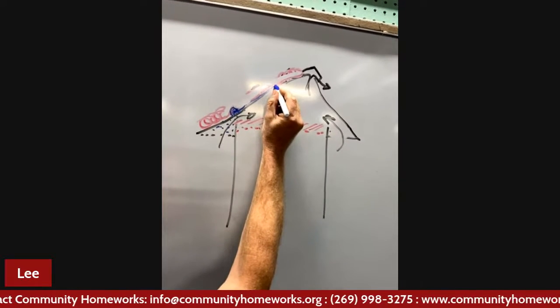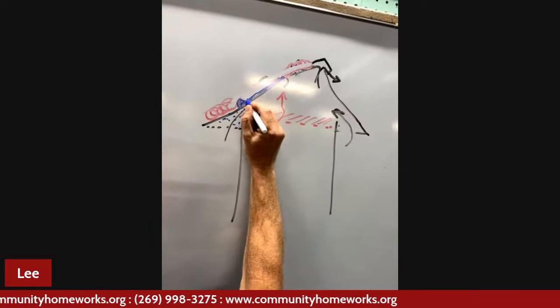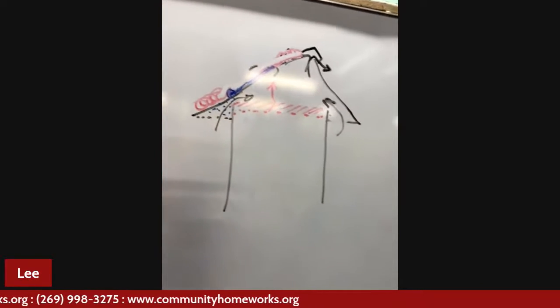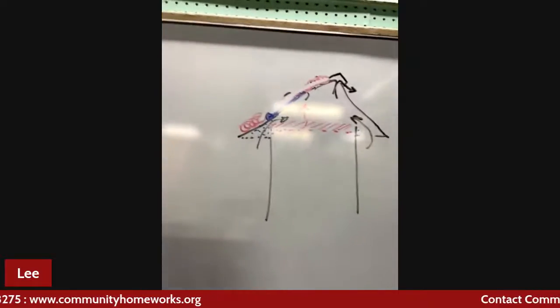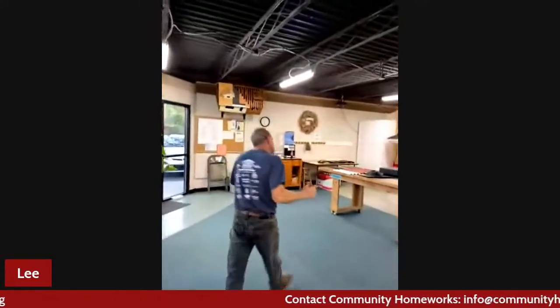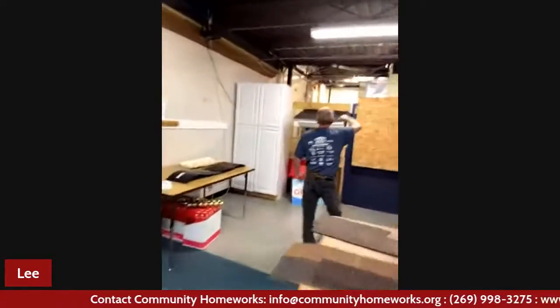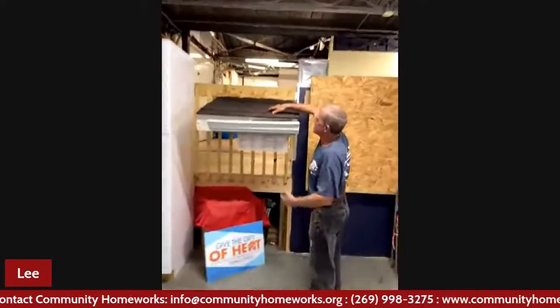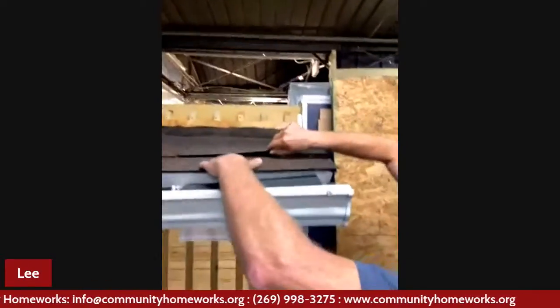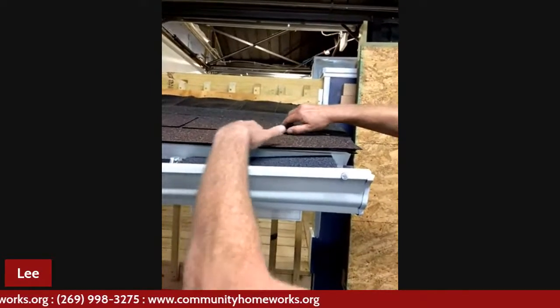Now, next time that water comes down, it hits that dam and it has nowhere to go and it can build up. What it will do is actually work underneath your shingles. Let's say your ice dam's running along this way.